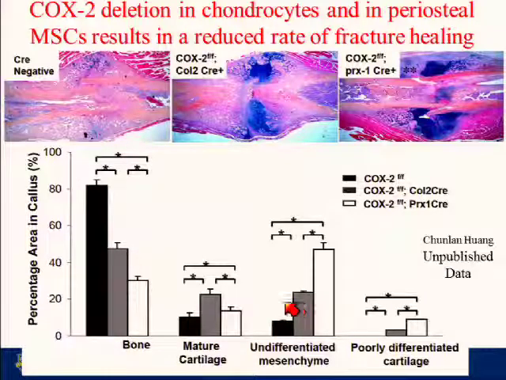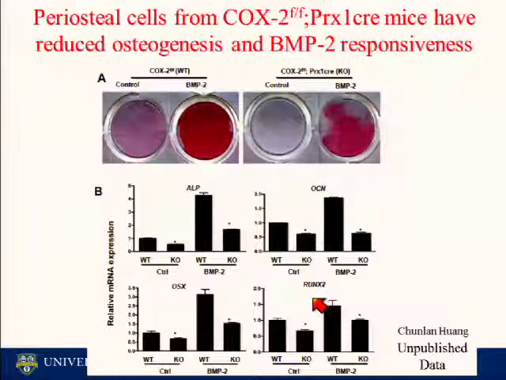Now, we isolated the periosteal stem cell populations primarily from the PRX1 Cre mice, and we looked at the loss of function of COX-2. And what we observed is that there's a reduction in alkaline phosphatase activity in basal conditions in the knockout mice compared to the wild-type mice.